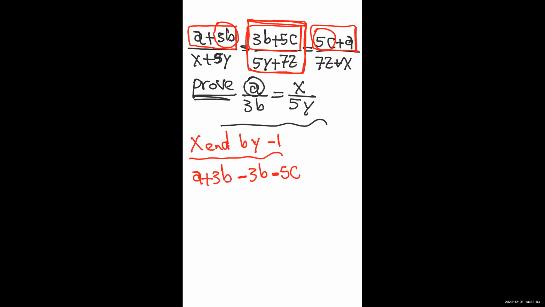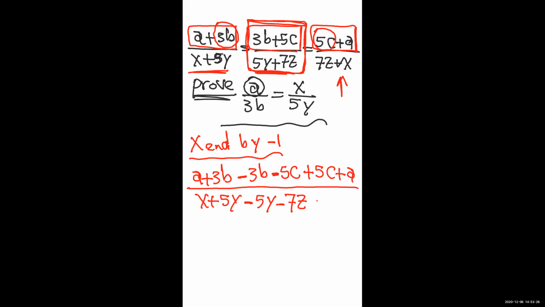Then continue on the antecedents, the last one, which is 5C plus A. Then the consequents: the first one will be the same, x plus 5y. We multiplied the middle one by negative, so minus 5y minus 7z, then plus 7z. It's plus x or what? Yes, plus x.